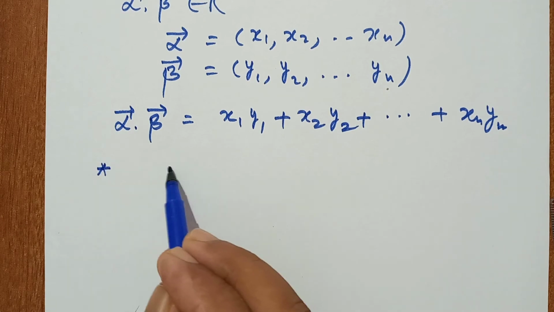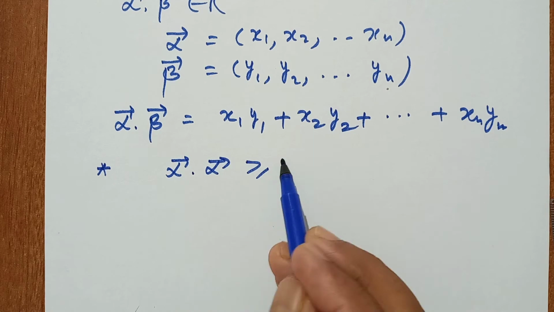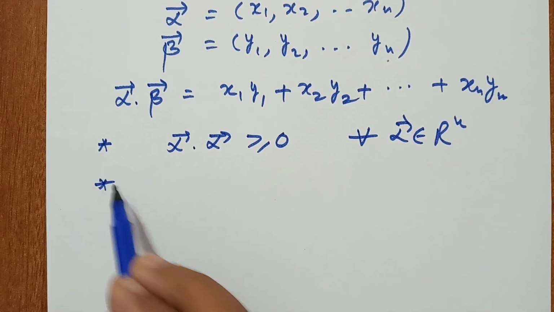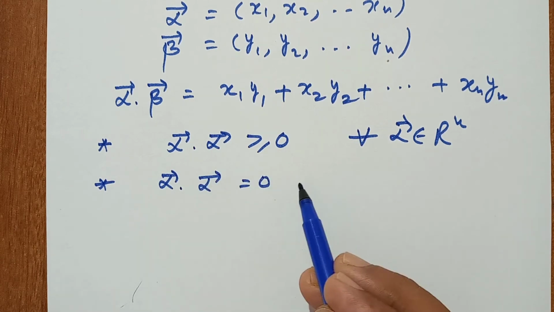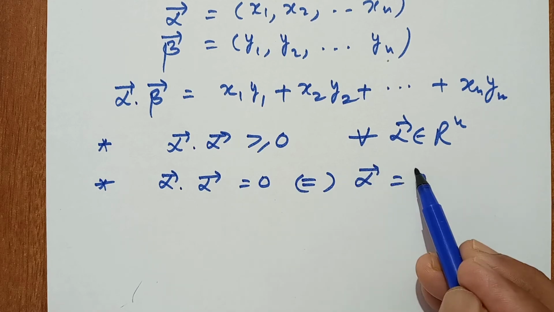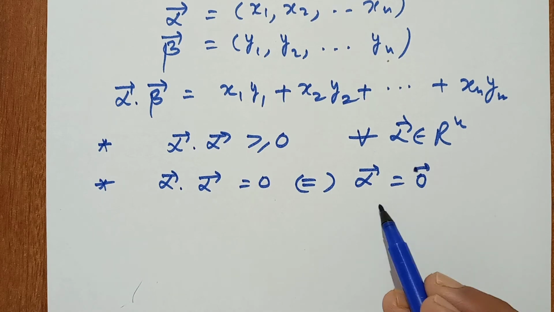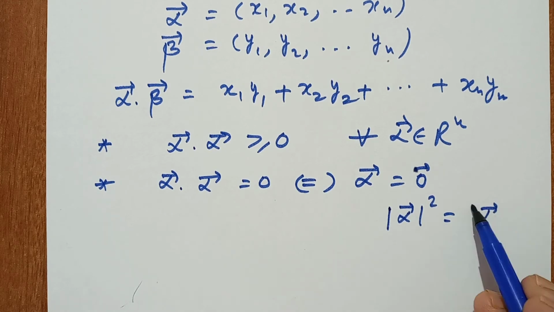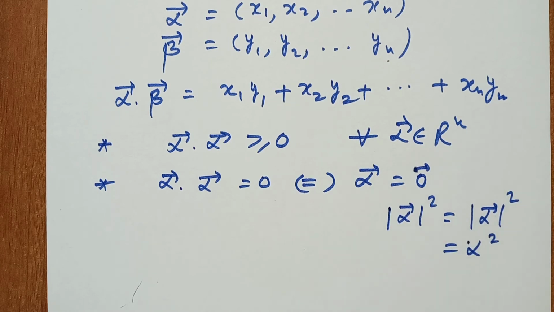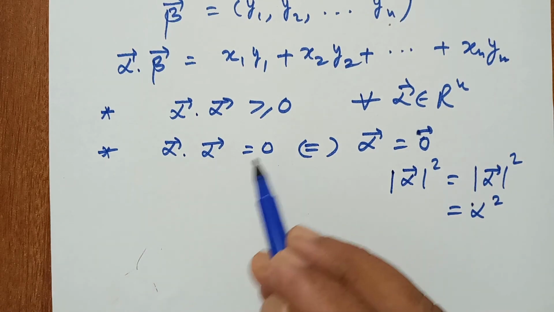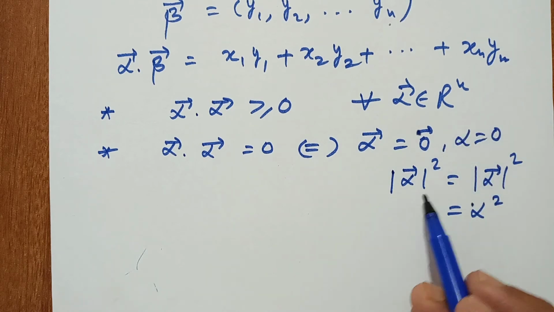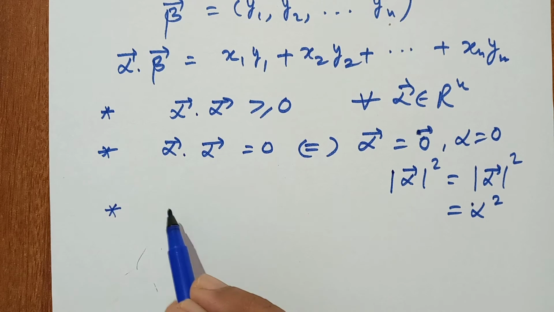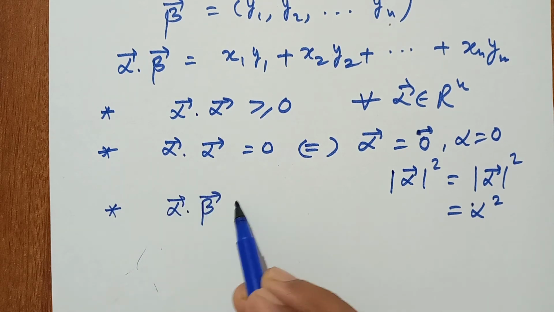These are important properties: alpha dot alpha is always positive for every alpha in Rn, and alpha dot alpha equals 0 if and only if alpha equals 0. Also, the square of a vector is equal to the square of its magnitude. So alpha dot alpha equals 0 if and only if this scalar is 0, because the square of the modulus is equal to the square of the vector. We also have the commutative property: alpha dot beta equals beta dot alpha.